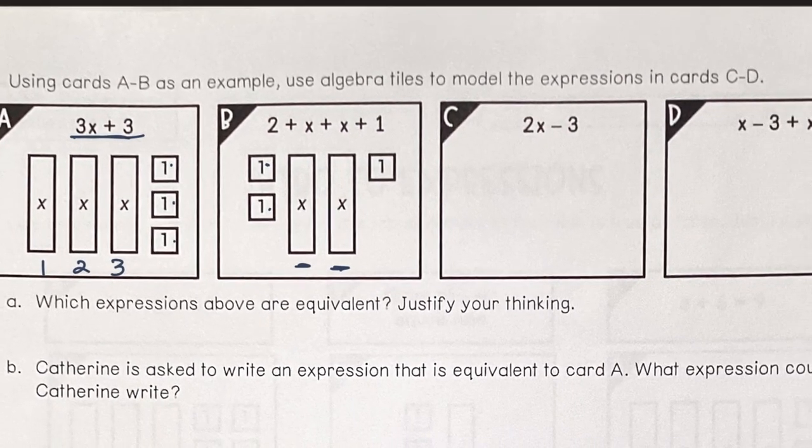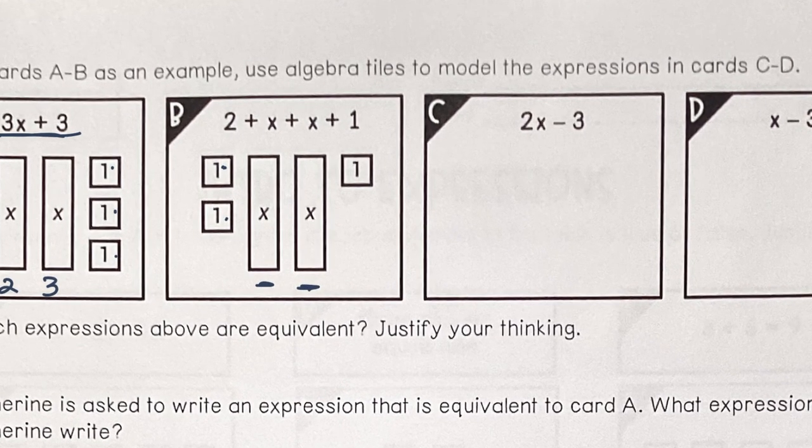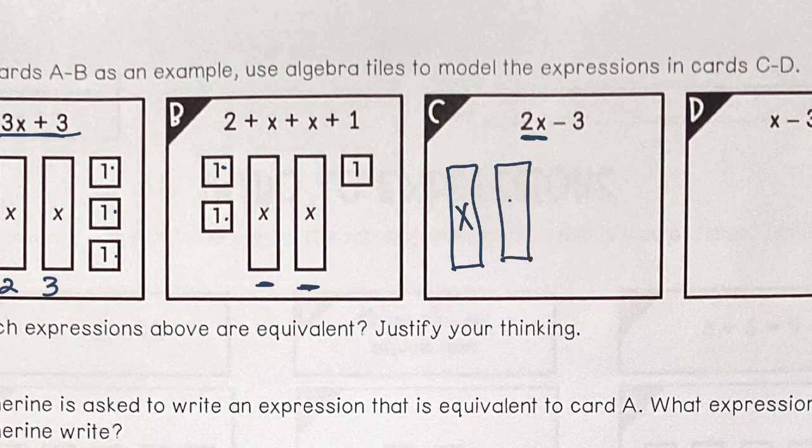So now for C, I'm going to go ahead and model the expression that it gives me based off of my first 2 cards. So if I have 2x as my first term, then I can draw x and another x. Together that's 2x. And then I'm going to take away 3. So that means all of my little boxes need to be a -1. -1, -1.